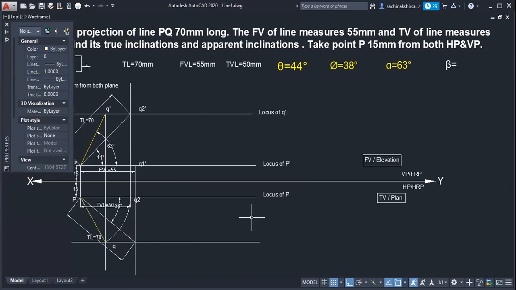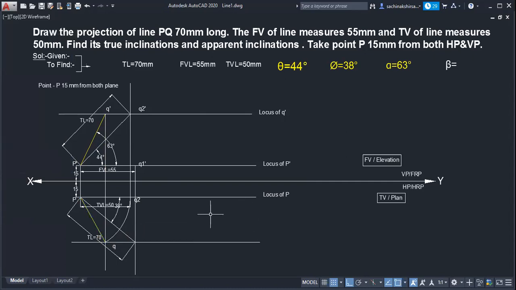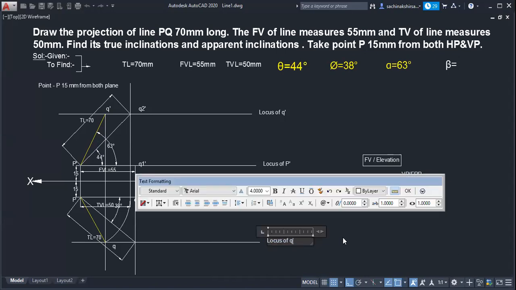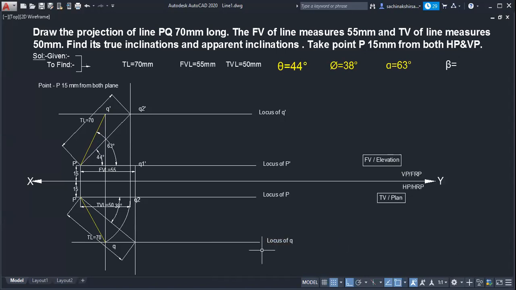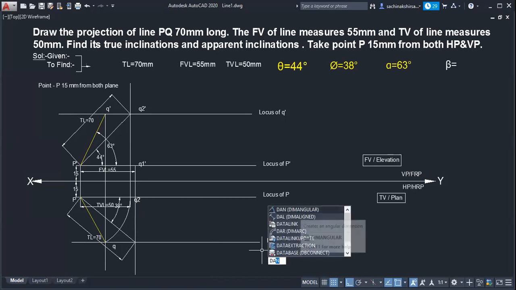And measure now beta and tell me how much it is. 58 degrees, sir.